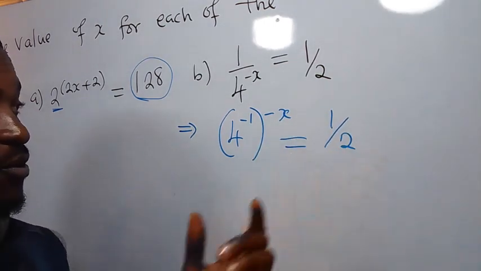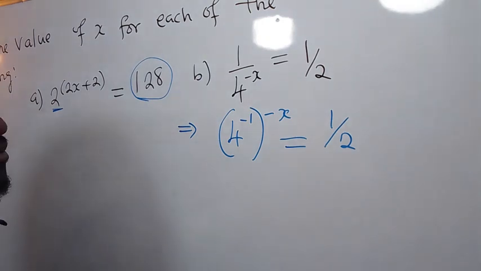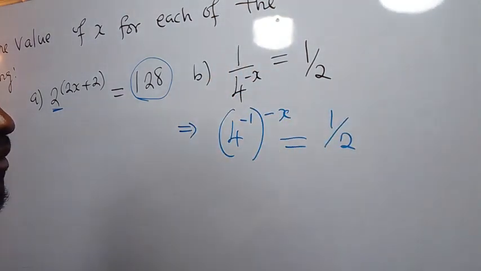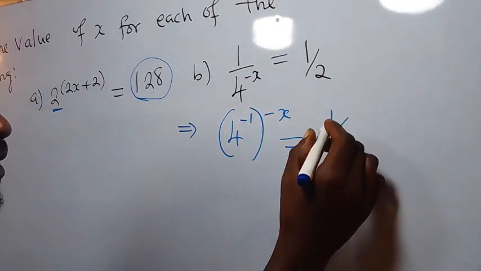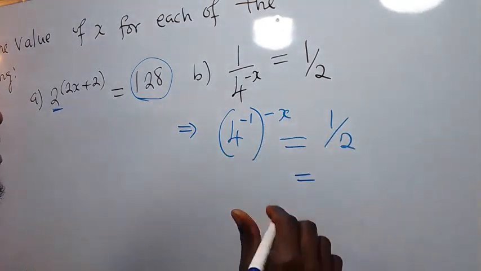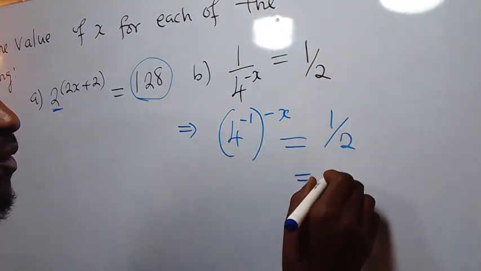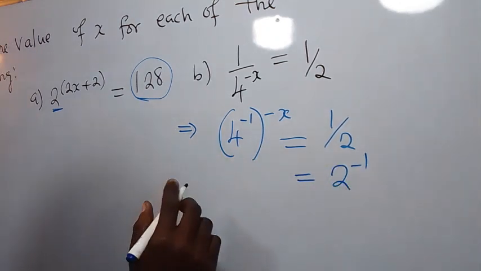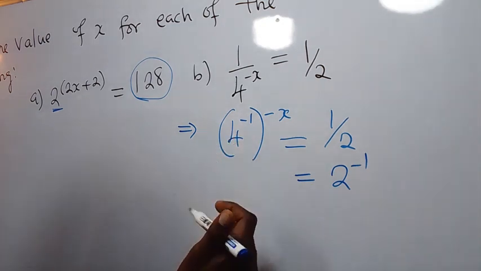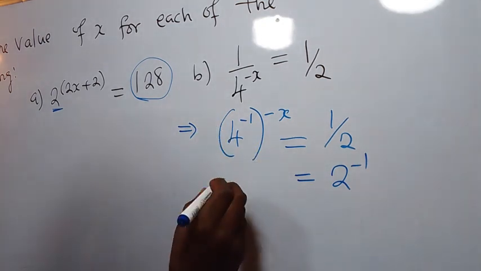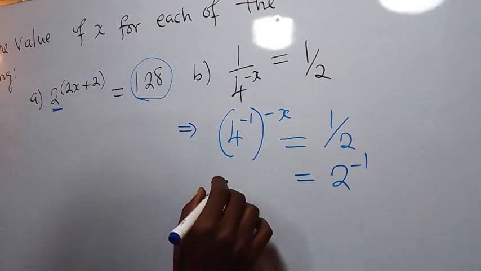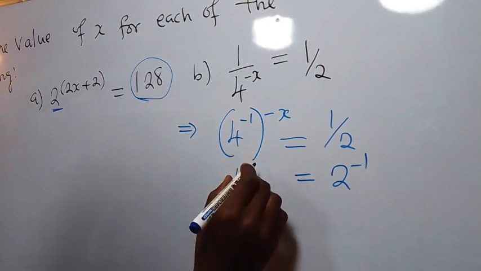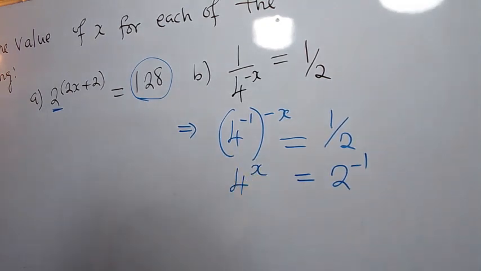Now we have to understand how you can also evaluate this half. Whenever you see 1 over something, that is a negative index, so it is 2 to the power negative 1. Now we can simplify this one and make it this times that, and it's going to be 4 raised to the power x.